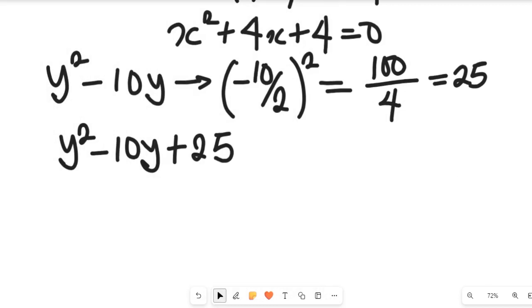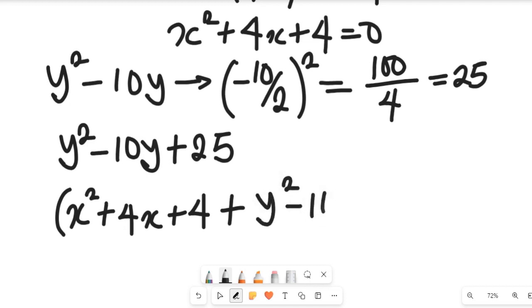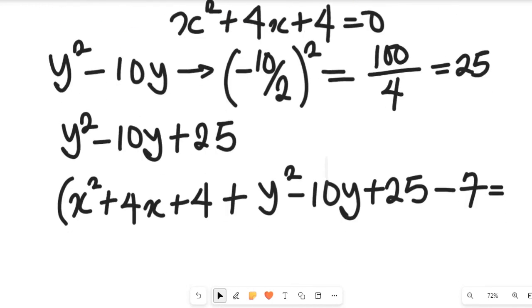So if we combine those two expressions, we'll have x squared plus 4x plus 4, and this will be adding y squared minus 10y plus 25, right? And this will be minus 7, and that will be equal to the original expression, which is equal to 0.